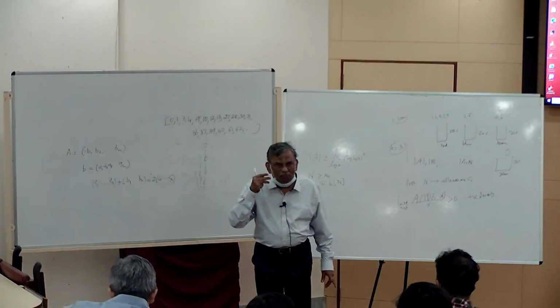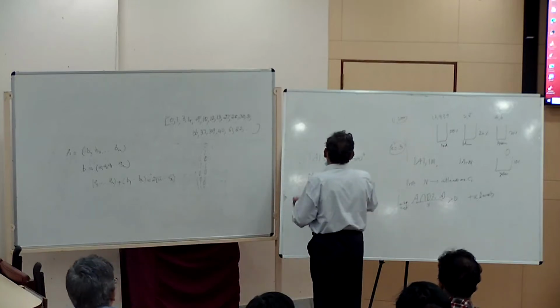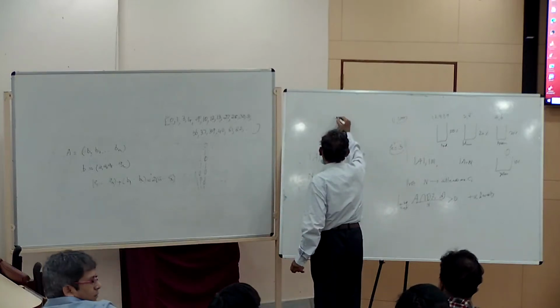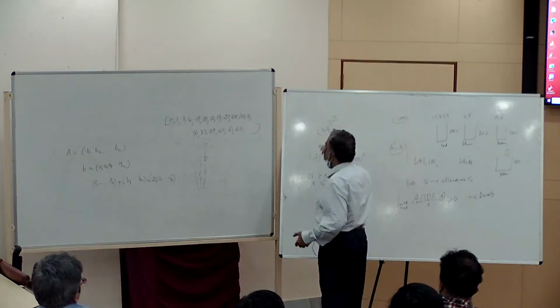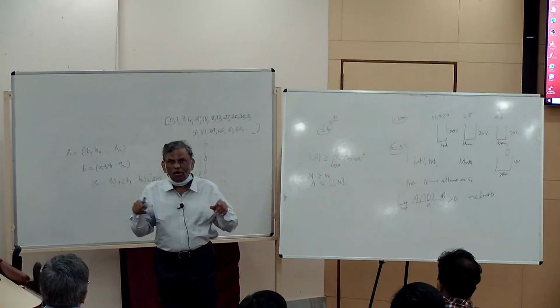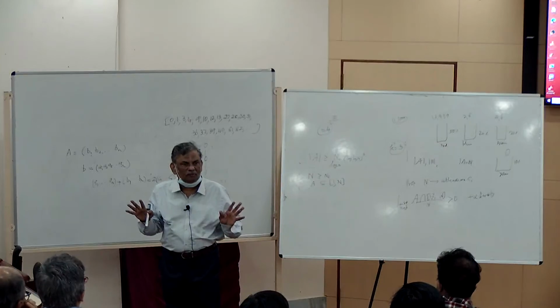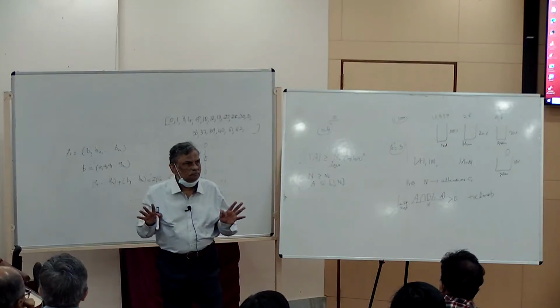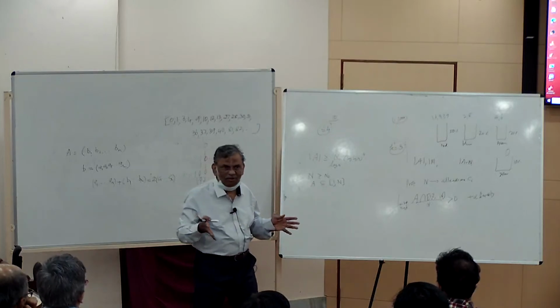Because if you have 2 numbers written in base 10 as usual, but all the digits are less than or equal to 4, then when you add, there will be no carryover. Correct? There cannot be a carryover, and that is exactly what is going on.